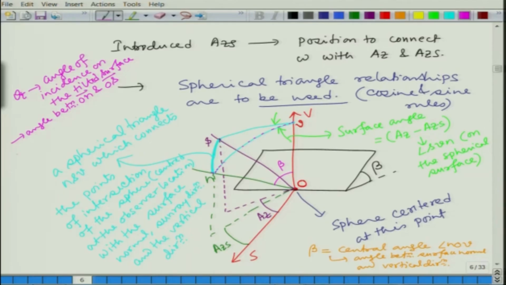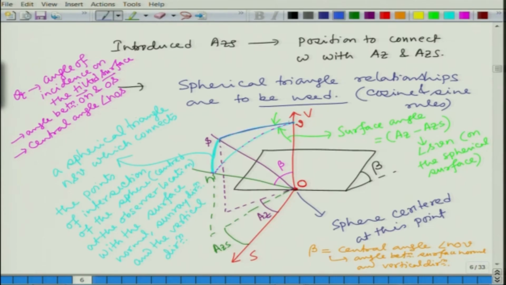And in this particular case, it is the central angle NOS, that is also a central angle, theta t. And the other angle that we can see is this angle.